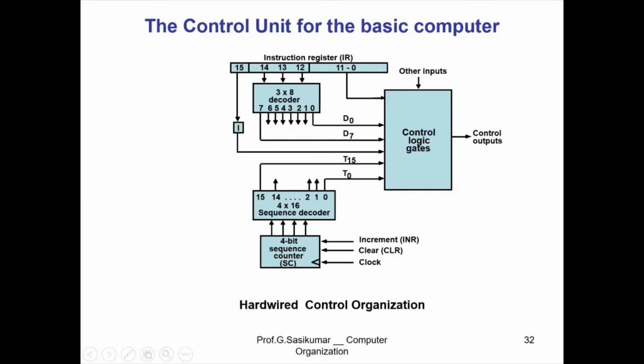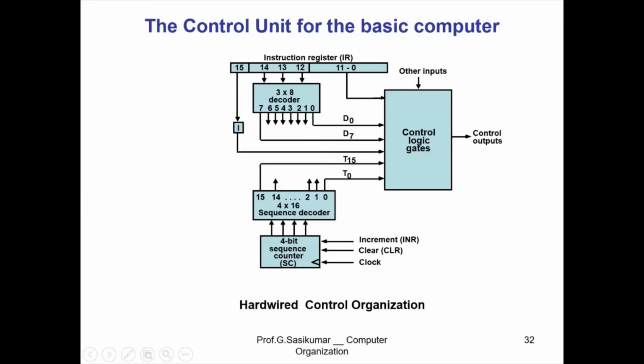So this is a control unit. We discussed the arithmetic logic unit and memory unit. Now we are in the control unit. It's a hardware control unit. You can see the control logic gates, and we have a decoder, an instruction register, and a sequence decoder, which is going to receive the data or information from the increment and clear clock.